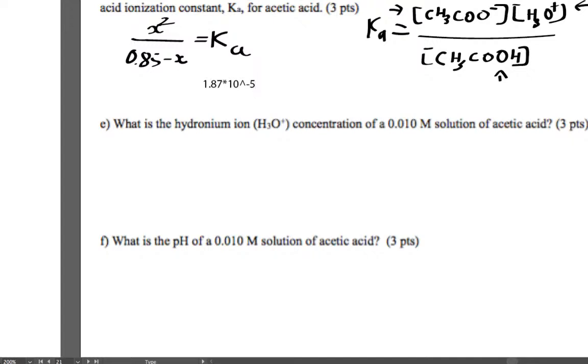What is the hydronium ion concentration of a 0.01 molar solution of acetic acid? Okay. From the answer that you have, you want to calculate that, guys. For me, I would use the equality to solve this problem. The 0.01 molar solution would be at one point, and the other side would be the other stuff.